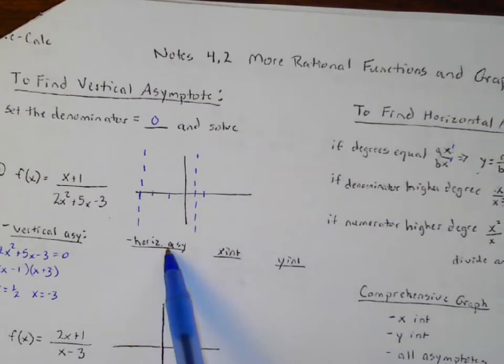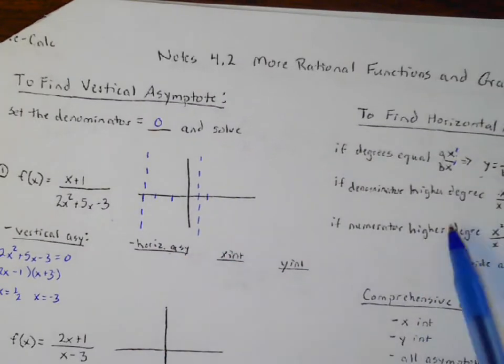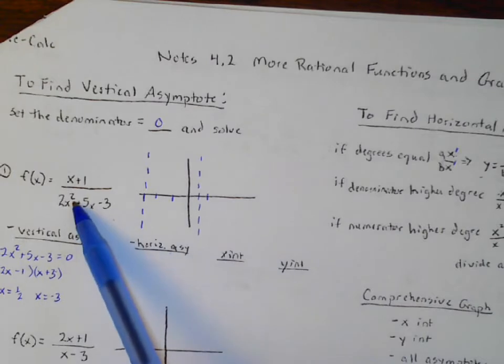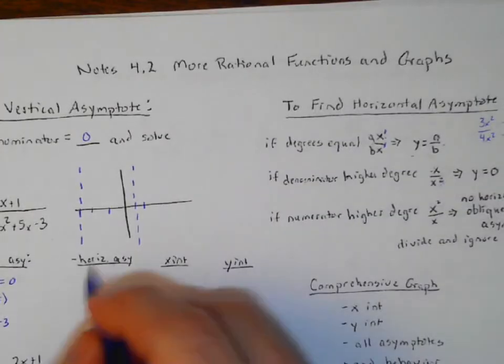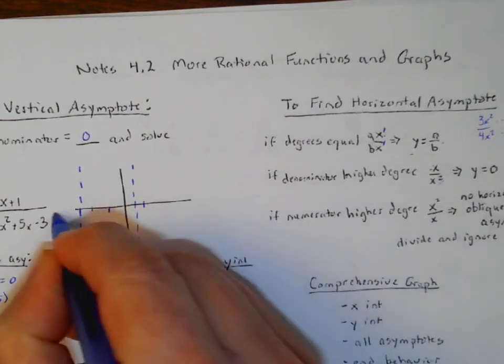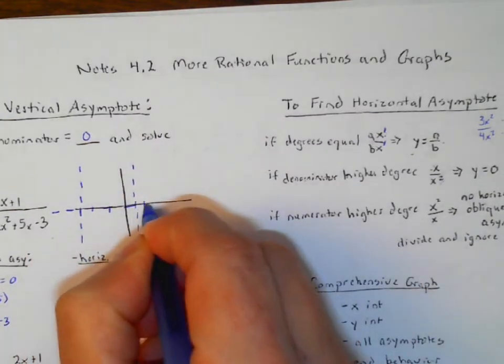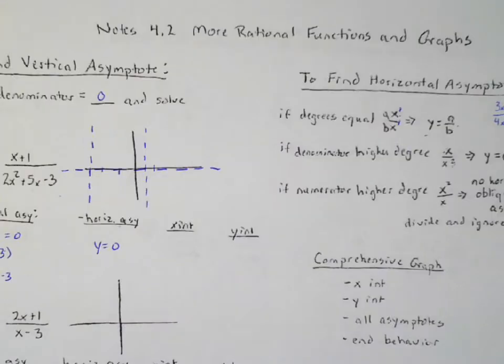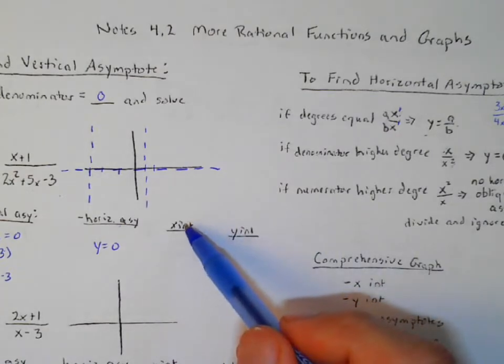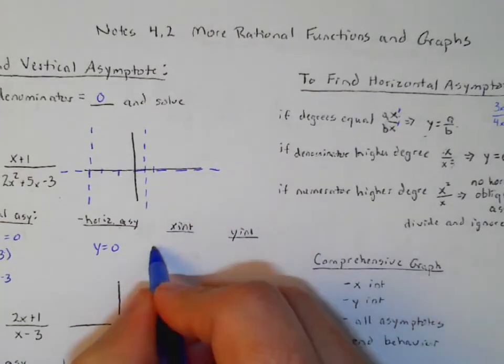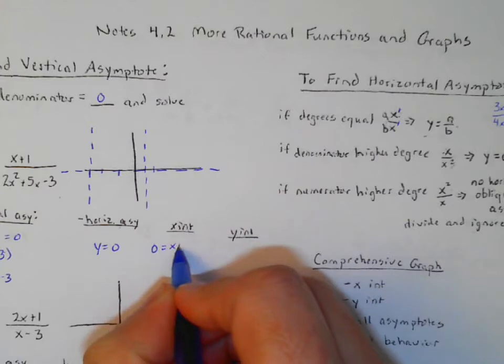Now our horizontal asymptotes. Notice it's bigger on the bottom. If it's bigger on the bottom, it's going to be at y equals 0. So we have a horizontal asymptote at 0 here. Now I also want to find the x-intercepts. The x-intercept is when my y is equal to 0.